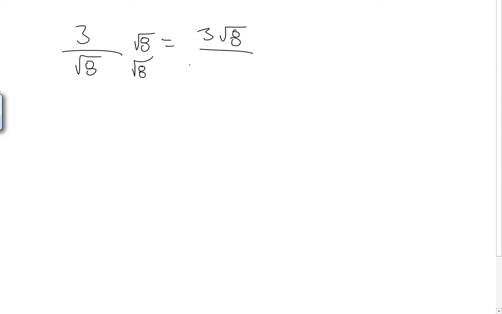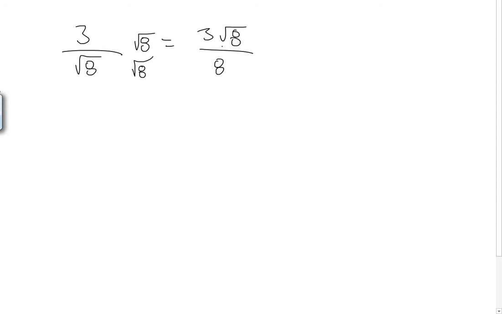The square root of 8 times the square root of 8 is going to be the square root of 64, but I already know the square root of 64 is actually just 8 without the radical, right? So when you multiply the square root of 8 times the square root of 8, you just get 8. Actually, that's true for any square root, so you can just take that shortcut every time.